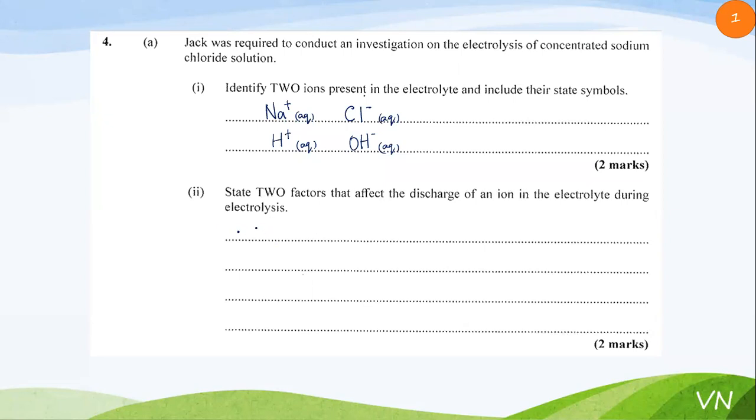So the first one there, well, I'm just going through the order that we learned in class. Position of ion in electrochemical series. The next is the concentration of the ion in the solution.